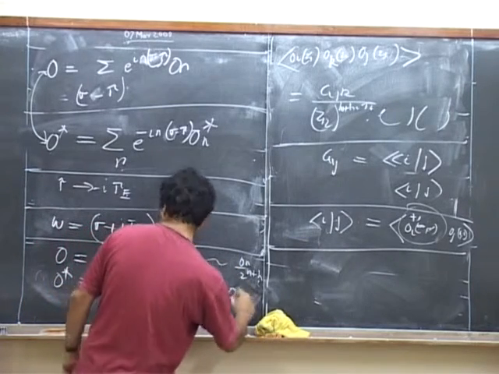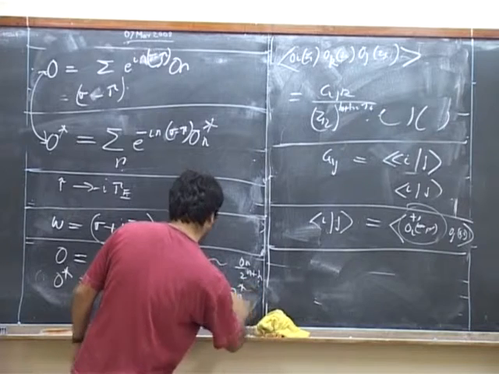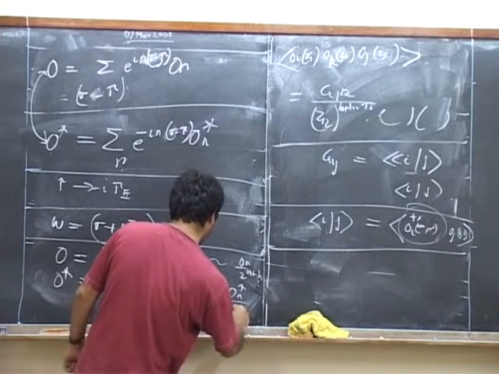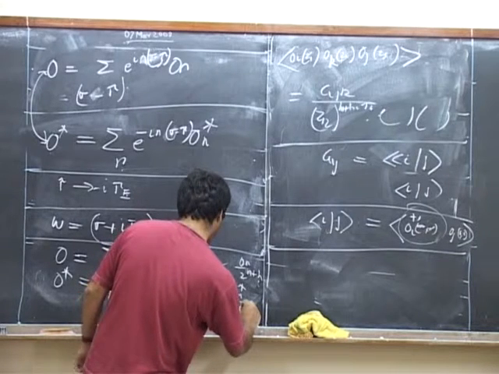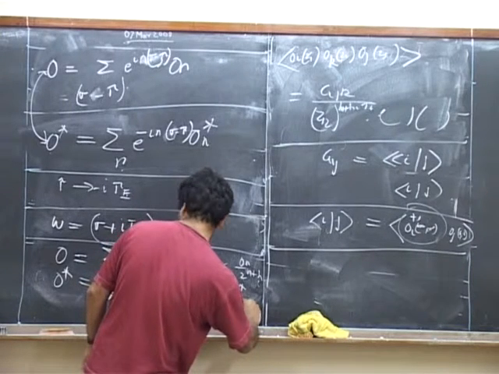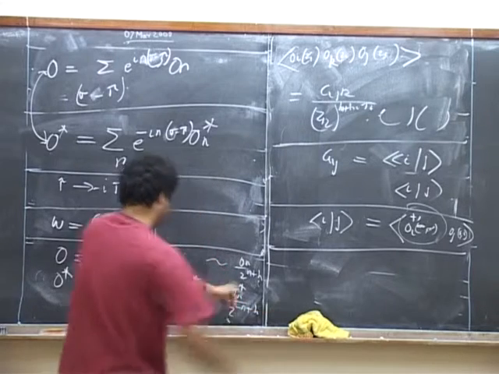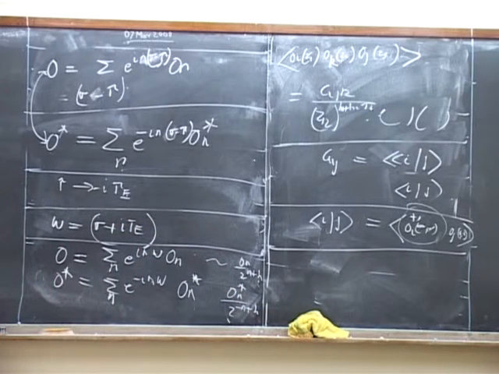Whereas this guy will go to On star over Z to the power minus n plus h. It's just the same thing, On and On star the same way.